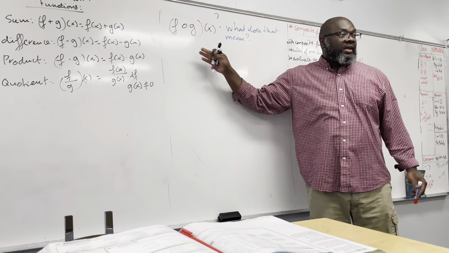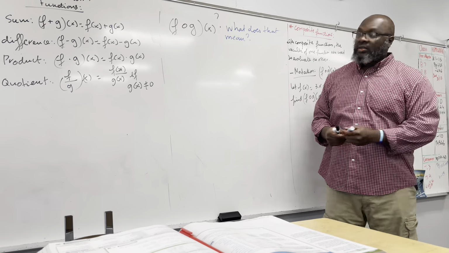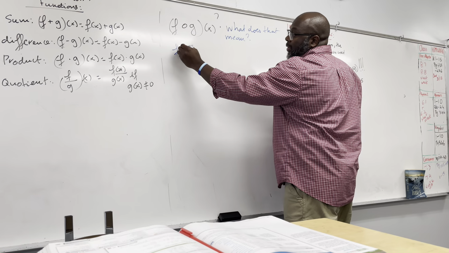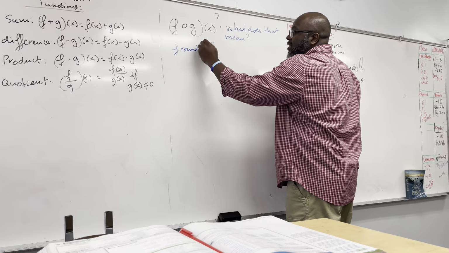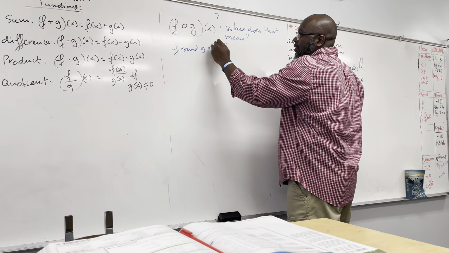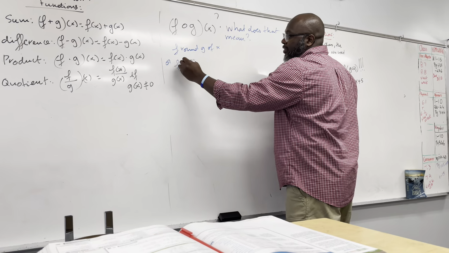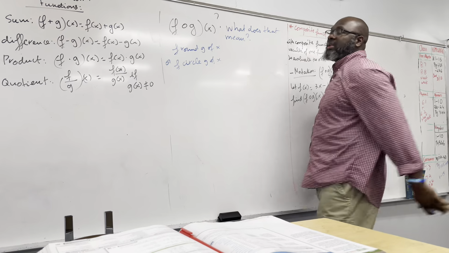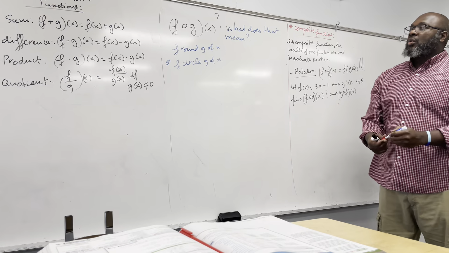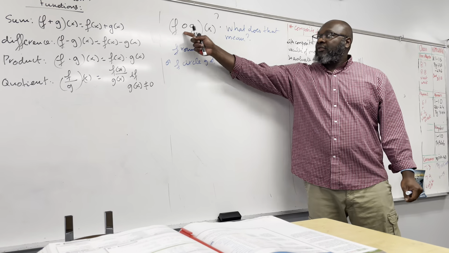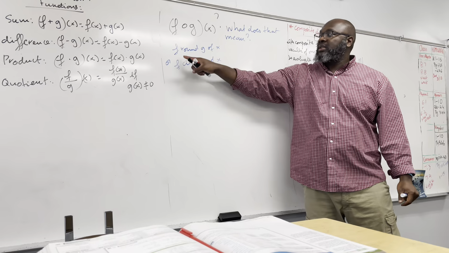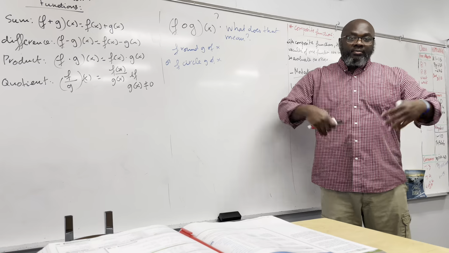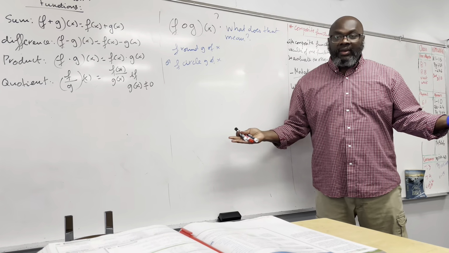So for f circle g of x, there are two ways to read this. You can read it as f round g of x or f circle g of x. It's not just something random.